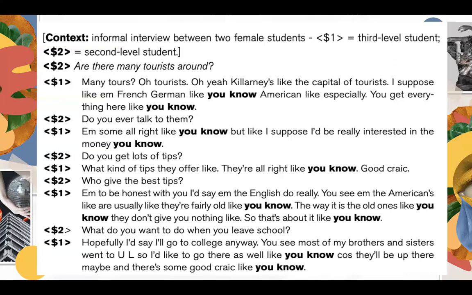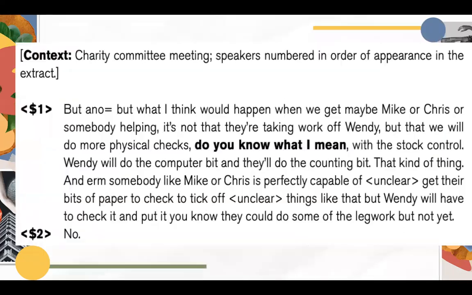"Like" is also seen to cluster with "you know" in the particular order "like" plus "you know" in each of these instances. So Aijmer 2002 argues that the clustering of certain pragmatic markers indicates that they share a similar function and also serves to underline their fuzzy nature.